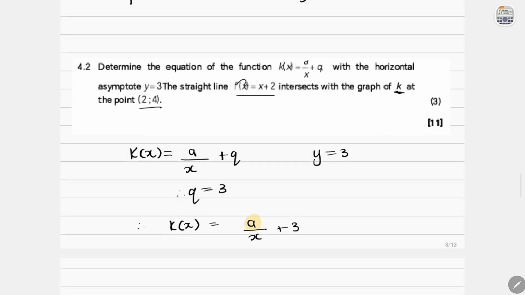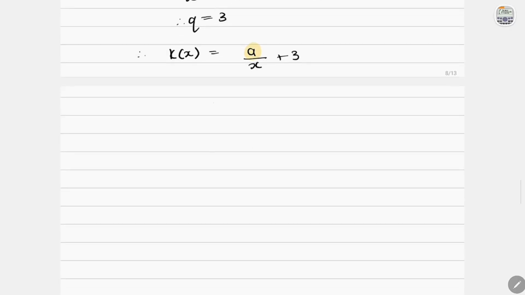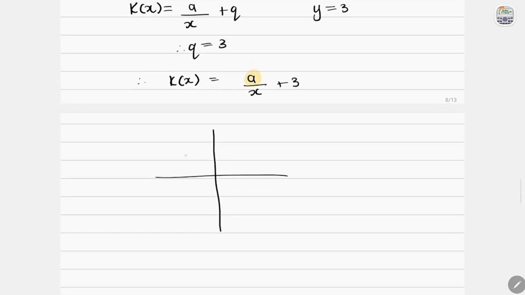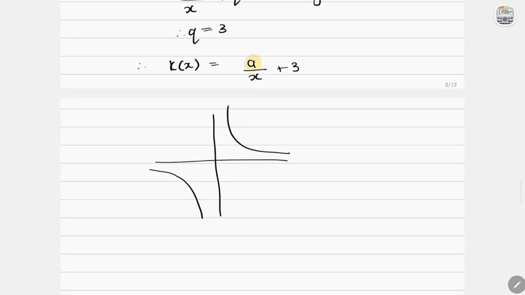They tell us about this straight line, x plus 2, that it intersects with the graph of k at this point. If you had this hyperbola, I'm not sure what a is, but let's say it was positive. If it was positive, it would lie in the first and the third quadrant.